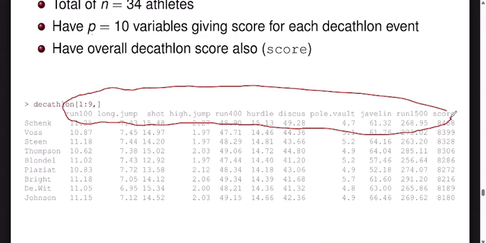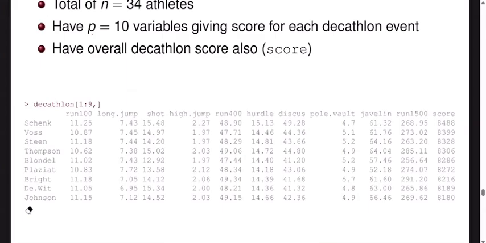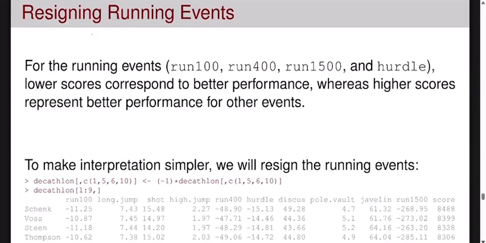So what we're going to do is we realize that we need to transform this data set, and that is exactly what I'm trying to say here. Pay attention. For the running events, lower scores correspond to better performance, whereas higher scores represent better performance in the other events.